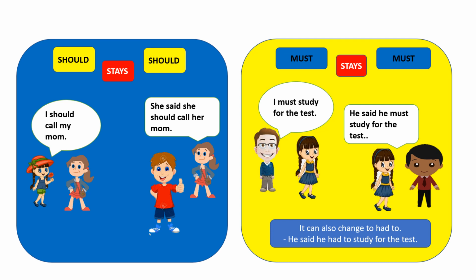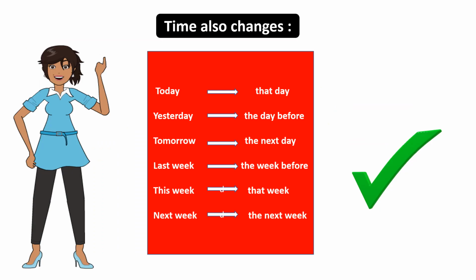She said she should call her mom. Must stays must. I must study for the test. He said he must study for the test. But here we have to acknowledge one thing. Sometimes we can change must to had to. He said he had to study for the test.